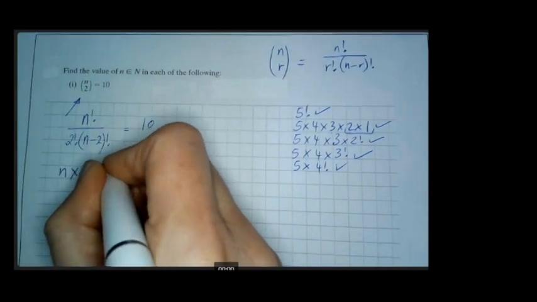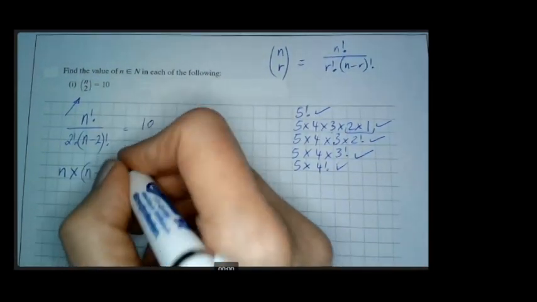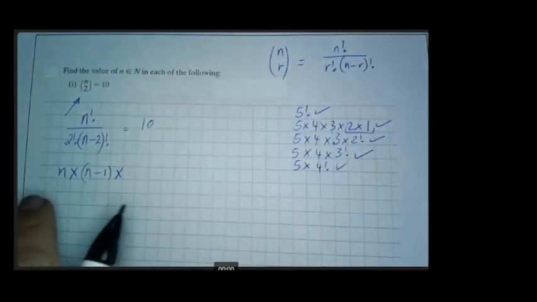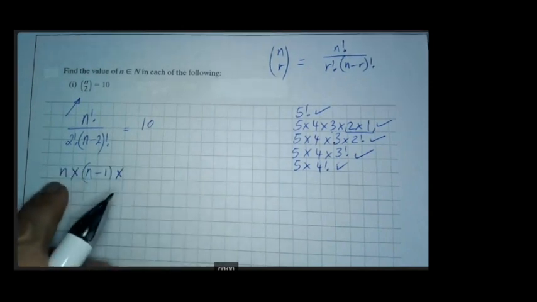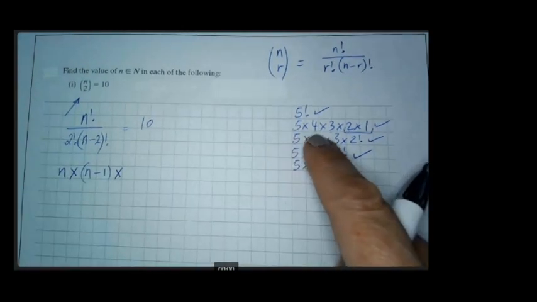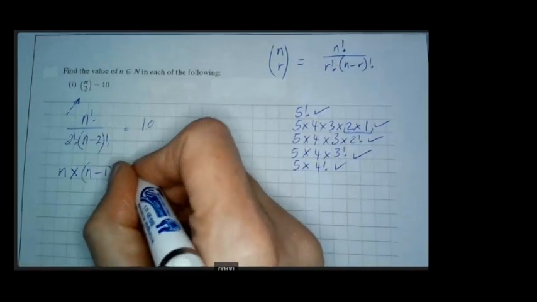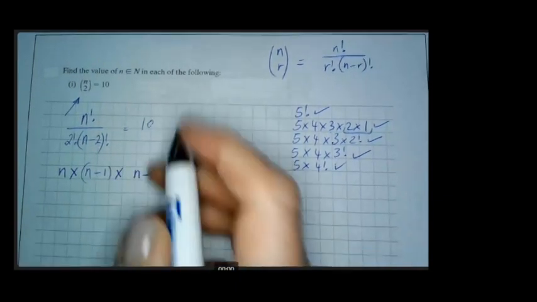So n take away 1, right? And then you'd multiply by 1 less than that, or 2 less than the original. Yeah, so 5 times 4 times 3. 3 is 2 less than 5, isn't it? So it's 1 less again. So n take away 2, take away 1, take away 1.